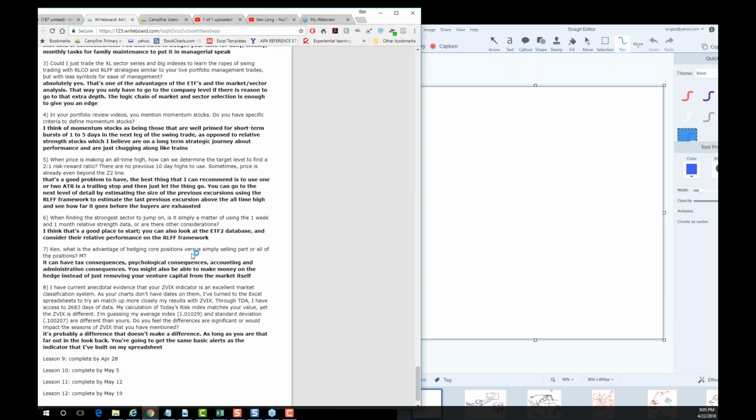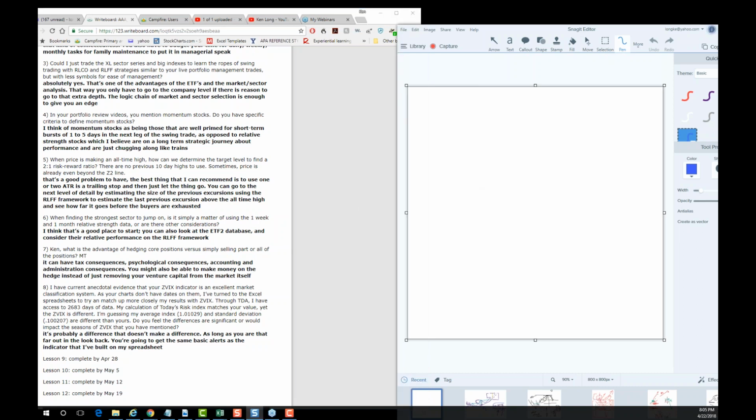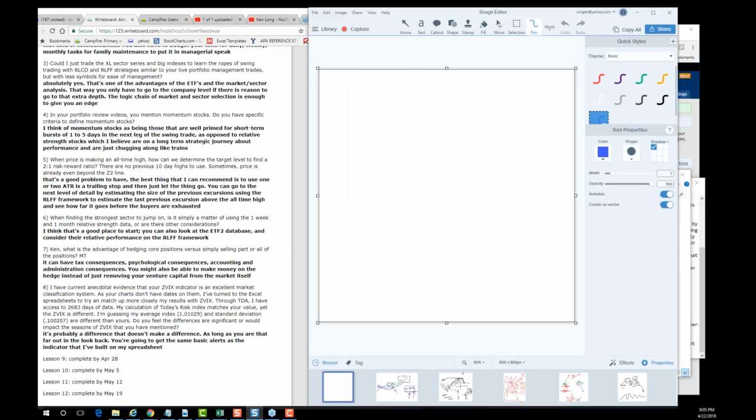What's the advantage of hedging core positions versus simply selling part or all of the positions? It really has to do with a couple things. The hedge actually lets you earn some money. So if I have this much in the market and I'm concerned about an adverse move, well, if I sell some of the position but it works, then I'm only winning on that portion, and I didn't get any of this.